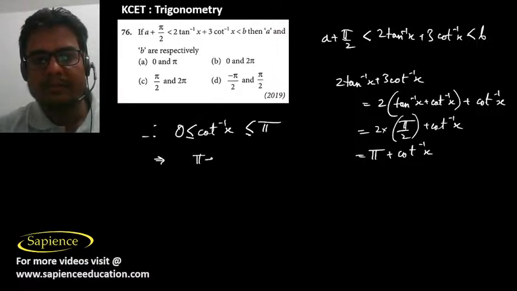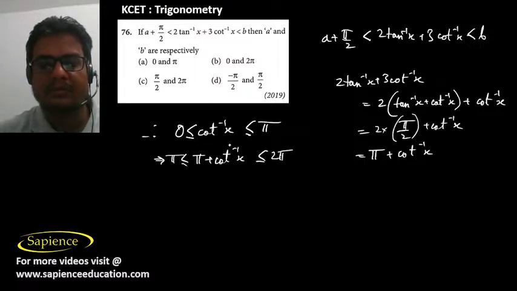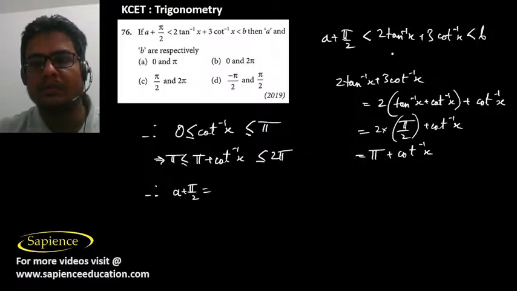So therefore pi plus cot inverse x will go from pi to 2 pi. Pi plus 0 is pi and pi plus pi is 2 pi. So you can see that A plus pi by 2 is the minimum value of this.